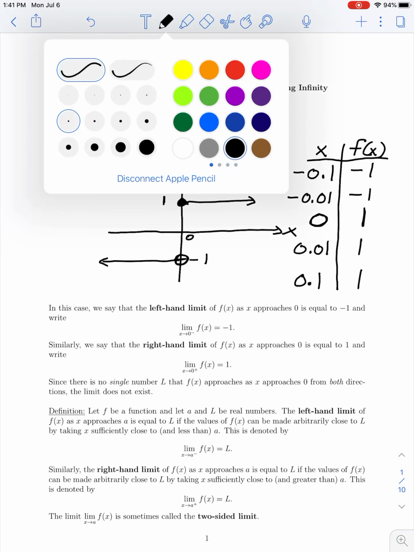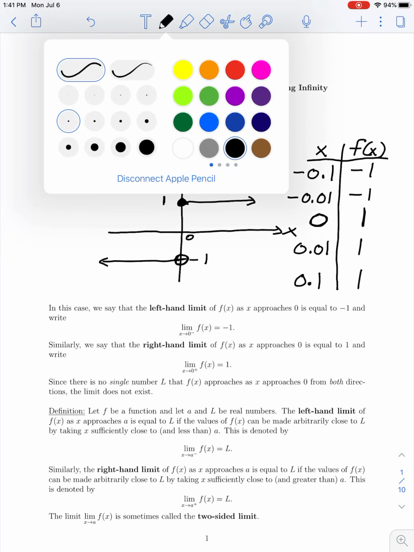And if we follow the corresponding values of our function, f of x, as we're closing in on -2, we can see that our y values seem to be approaching -1. So this left-hand limit of our function as x approaches -2, we would say is equal to -1.